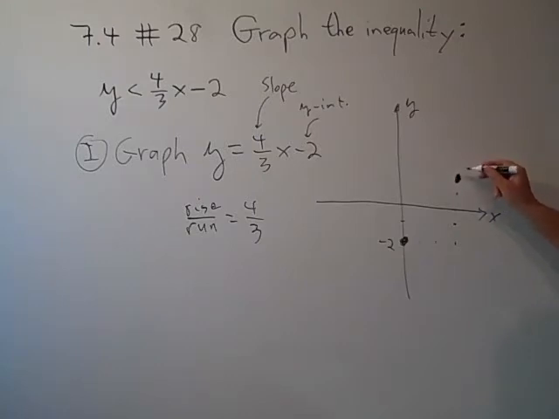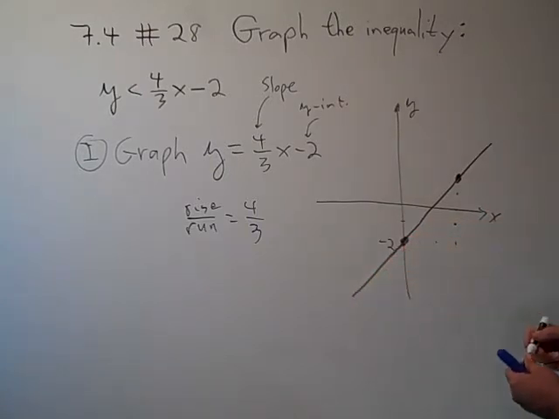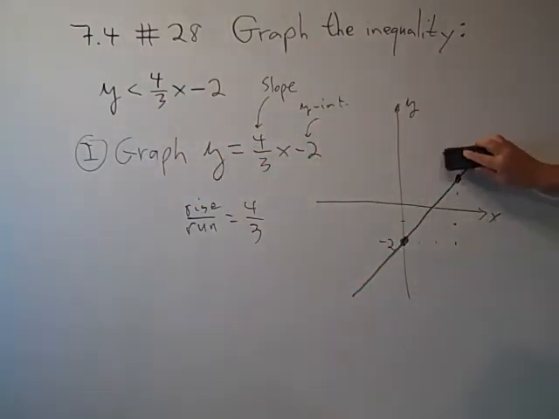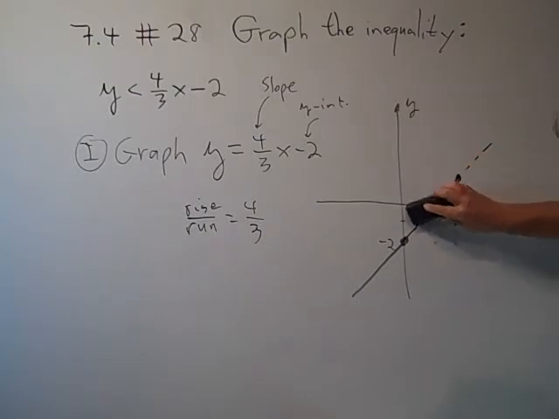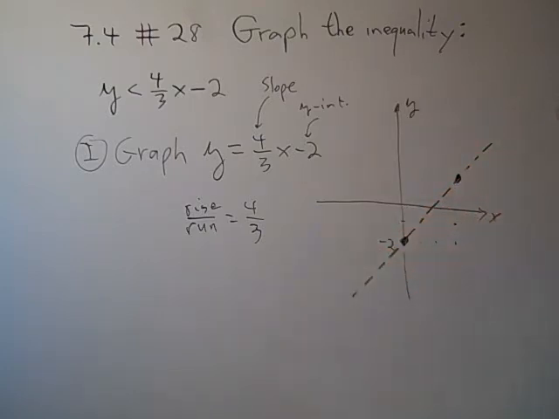Back to the line. This time though the line is not a solid line because there's no "or equal to," so we're not including the points on the line. Step 2 here, well, let me just illustrate this more clearly.